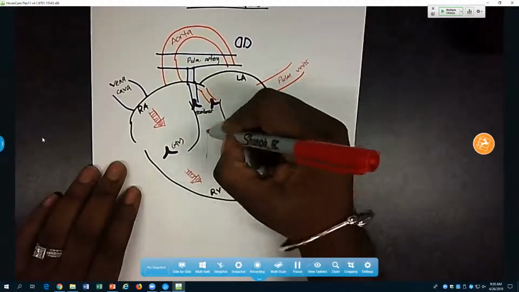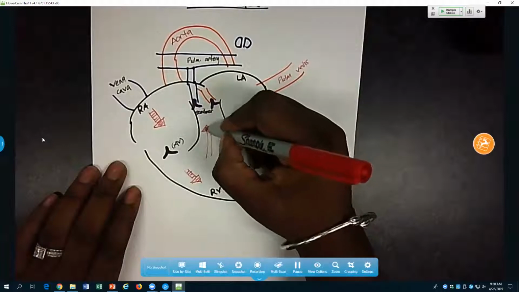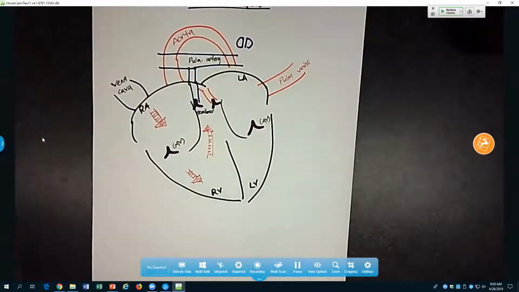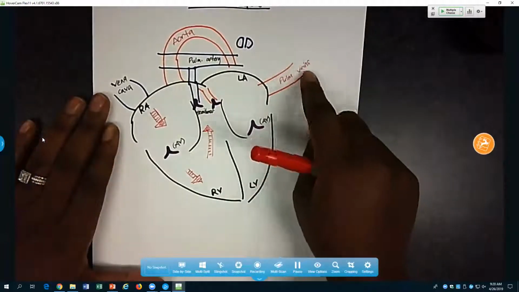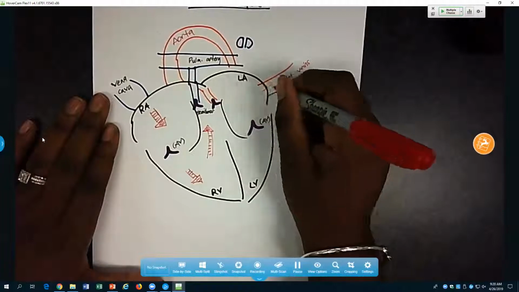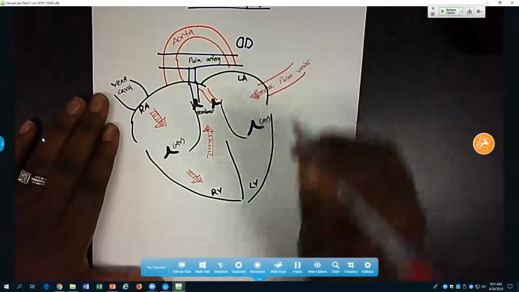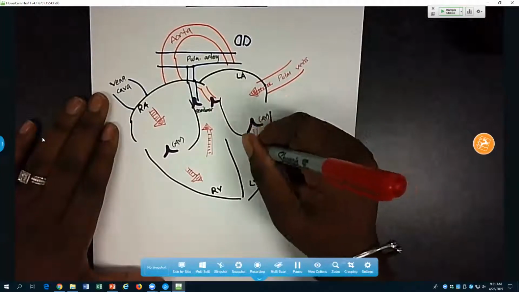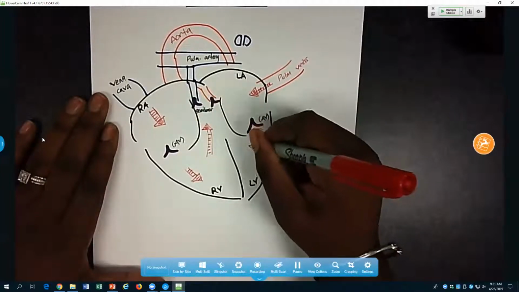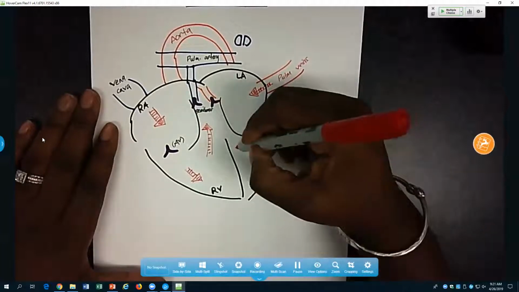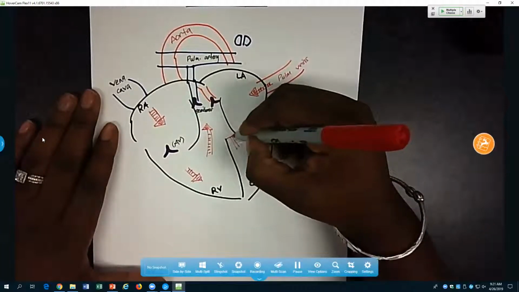And then it's going to go up into the pulmonary artery. It's going to go into the lungs, get reoxygenated, come back through the pulmonary veins here. Again, go through the second AV valve, and finally leave the left ventricle and go out into the aorta.